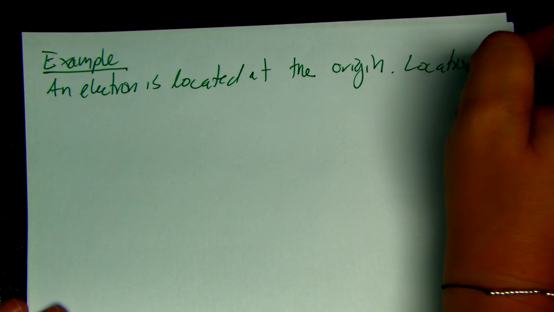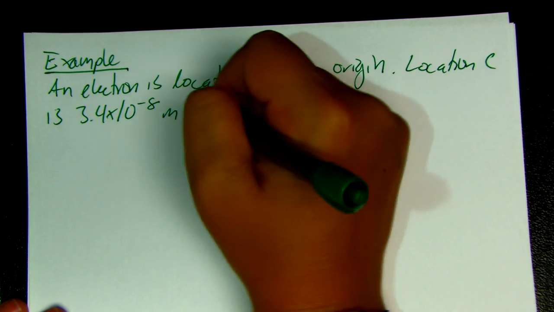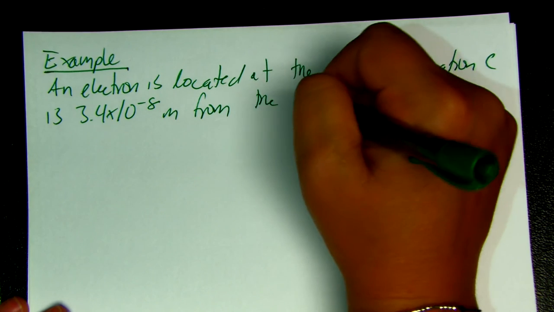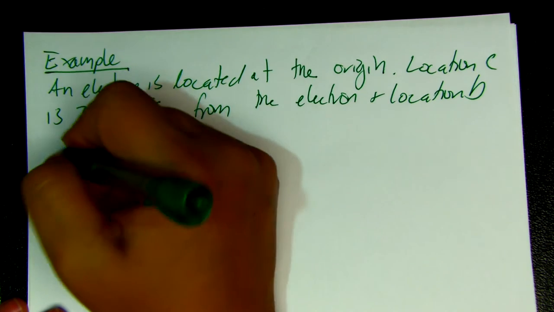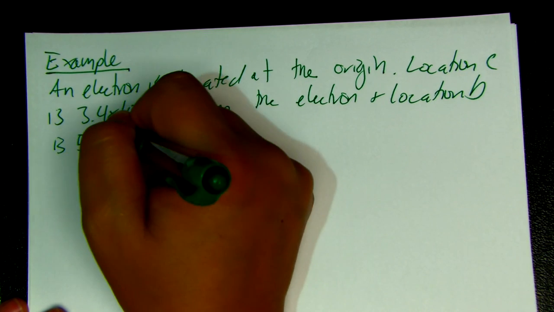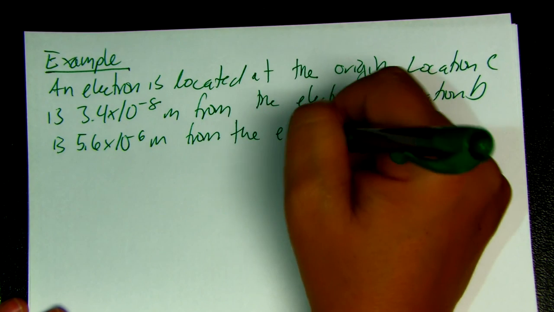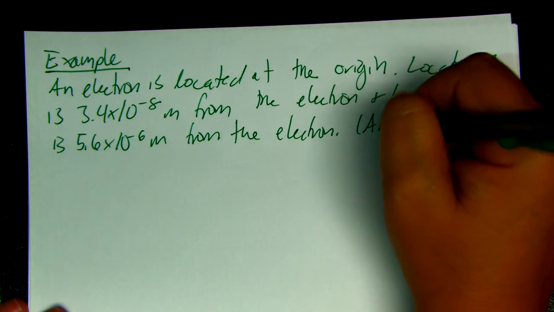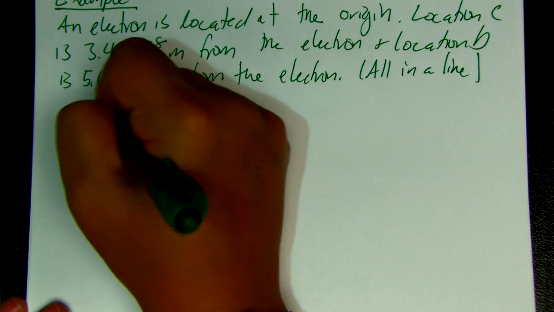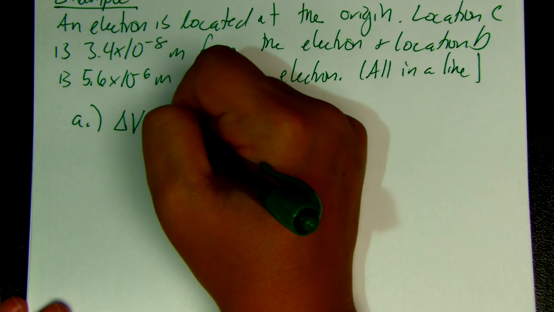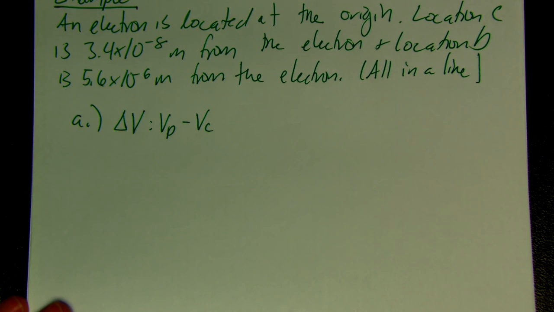Location C is 3.4 times 10 to the minus 8 meters from the electron, and location D is 5.6 times 10 to the minus 6 meters from the electron. These are all in a line, so we're just going to work in one coordinate plane. And we want to know delta V from C to D.